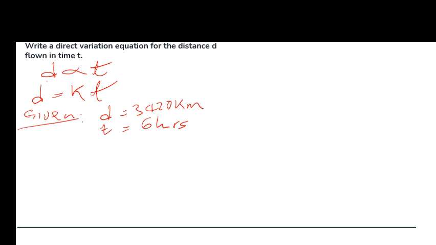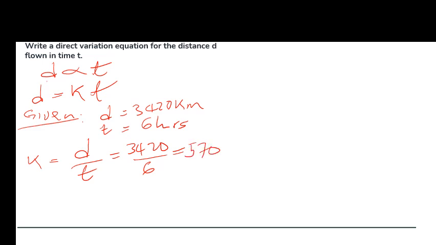So we want to find the relationship between d and t. That is determined mostly by the proportionality constant. For us to find k, we make k the subject of the formula. So k will be equal to d divided by t. In this case, our d is 3420 over 6. 3420 divided by 6 gives us 570.